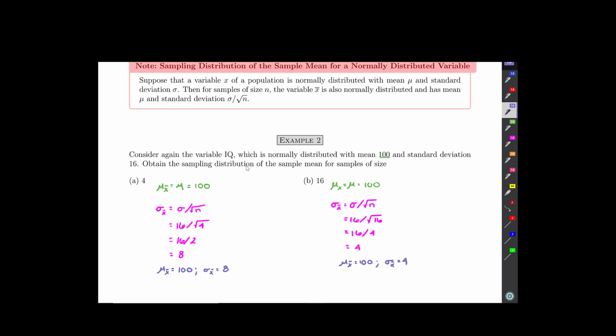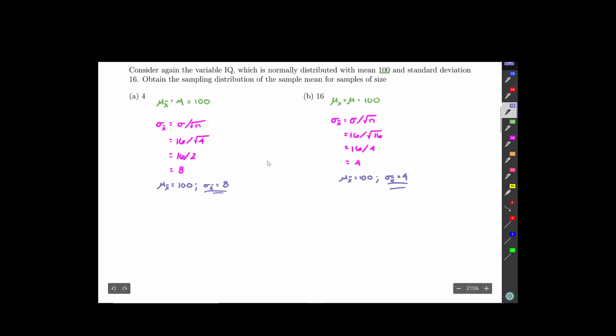The larger our sample size is, the less our spread is going to be, the closer it's going to be to the true normal distributed values from the overall population. So here in part A, our sample size is 4 and our standard deviation is 8. For part B, our sample size is 16, which is a larger sample, and our standard deviation is now 4. So our standard deviation did decrease the larger our sample became.